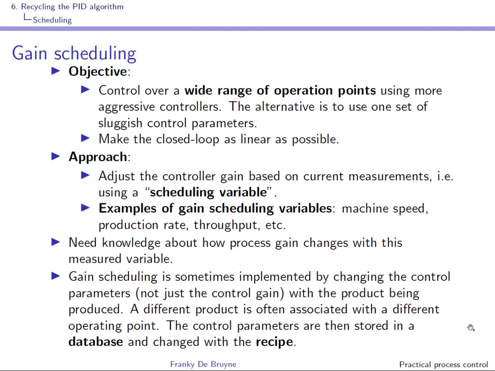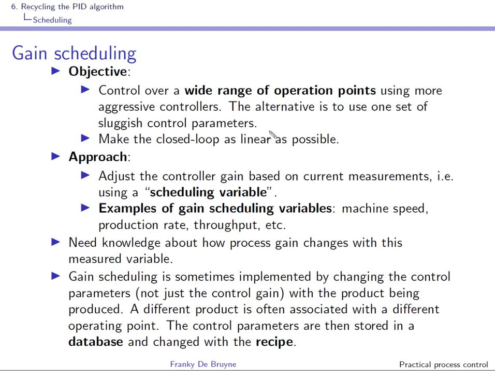We have seen that the objective of gain scheduling is to have control over a wide range of operations using more aggressive controllers. The alternative was to use one controller set of parameters, right? And to have sluggish control around many operating points.